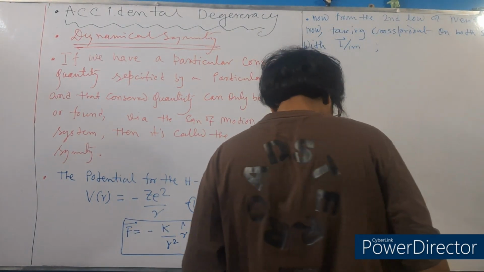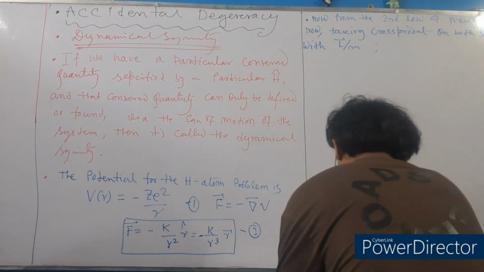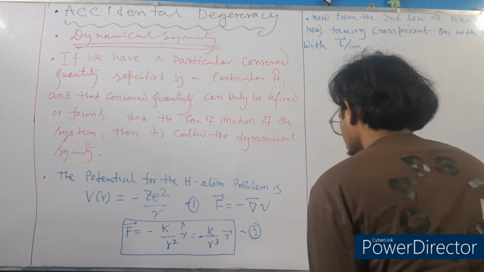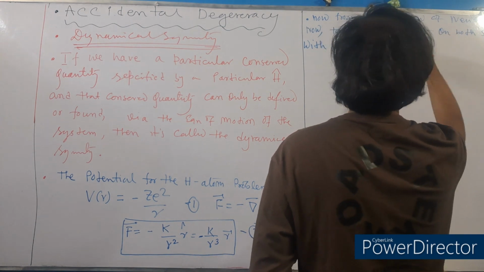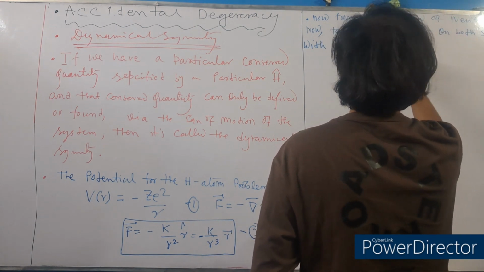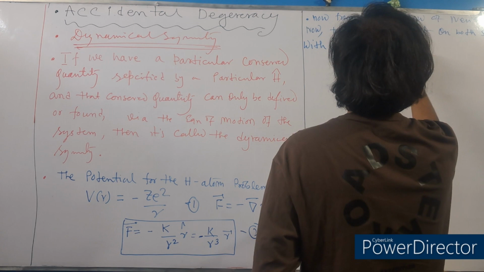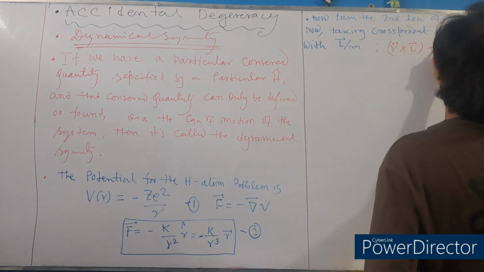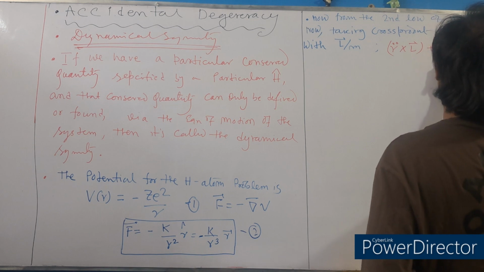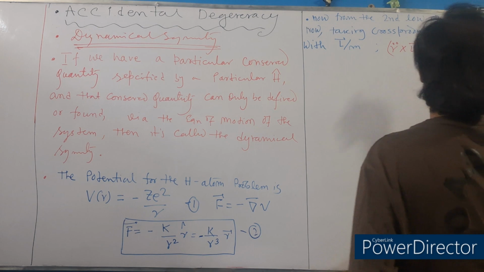So I will see that the M will get cancelled out, and r double dot cross L plus K by r cube r cross L. Okay.